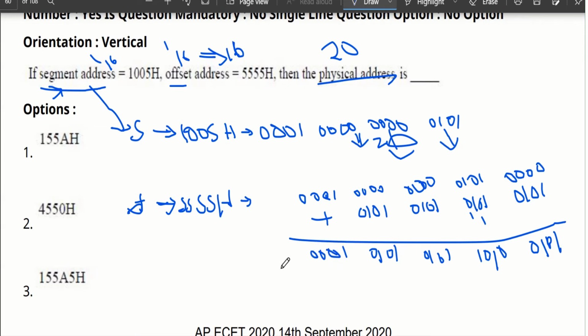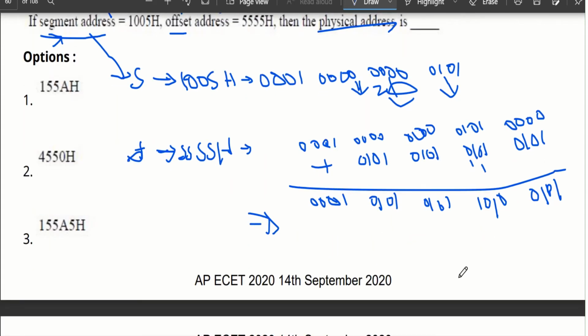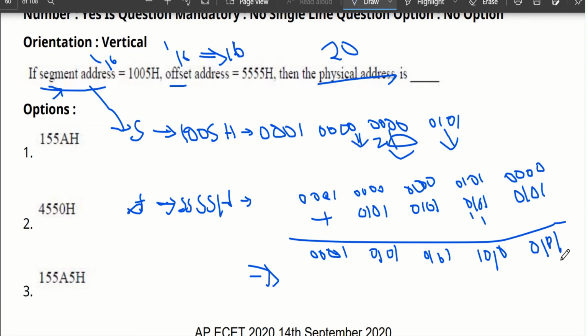Now convert it into hexadecimal. 0101 becomes 5, 1010 in hexadecimal is 10, which becomes A, and 0101 is 5.